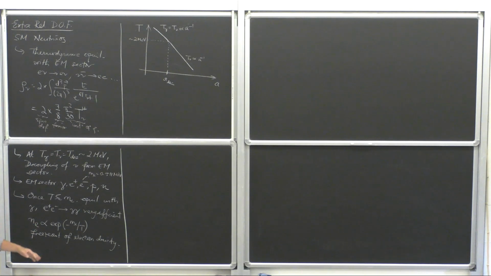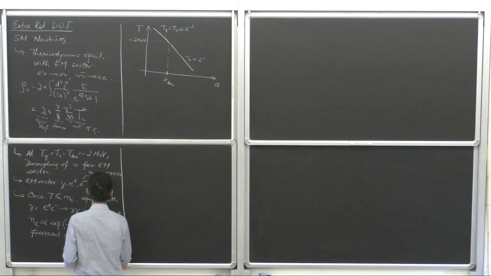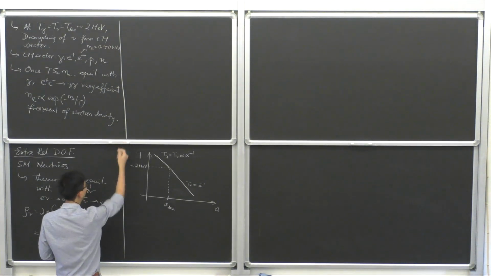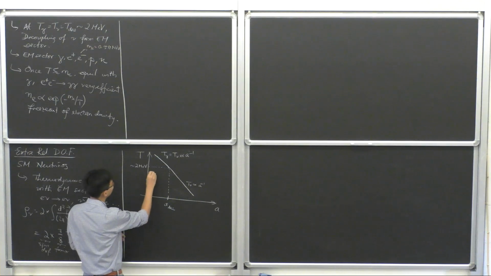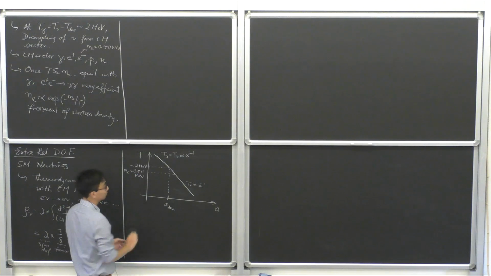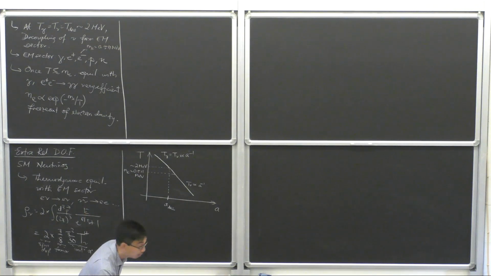And so all of that energy will get dumped into the electromagnetic sector. And so the temperature of the electromagnetic sector at m_e of roughly 0.511 MeV should show a little bit of heating, right?